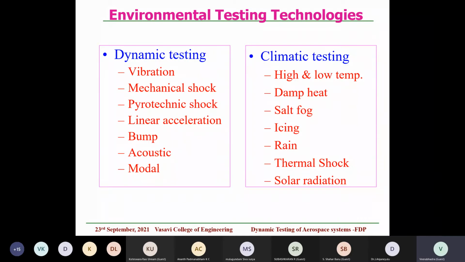Apart from that, we have bump and acoustic tests. Modal analysis is usually done to know the natural frequencies and mode shapes. For example, a full Airbus vehicle will be subjected to modal analysis to know the different frequencies of its wings, fins and many other components, to know whether any flutter is going to happen. This is also one kind of diagnostic test.